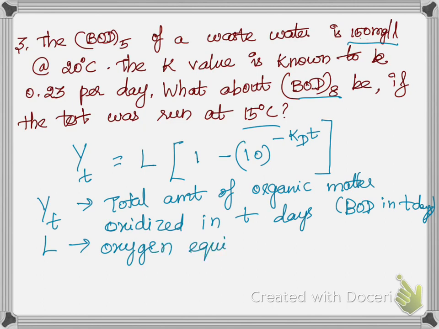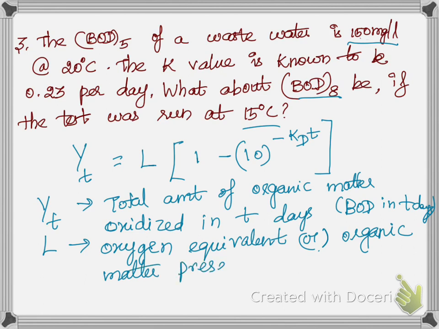Otherwise, the organic matter which is present at the start of the BOD reaction. So during the start of your BOD reaction, how much organic matter is present? That is called your L.